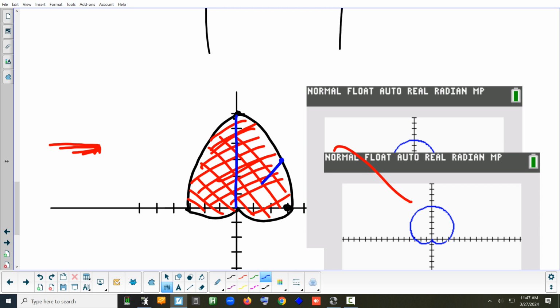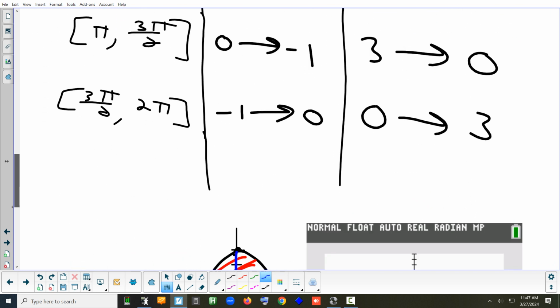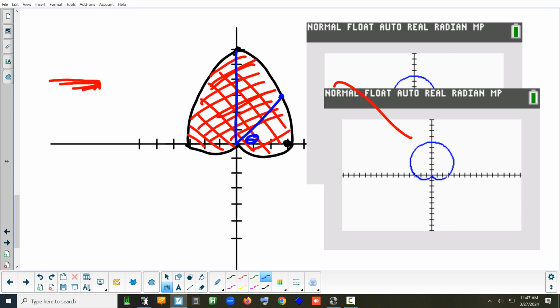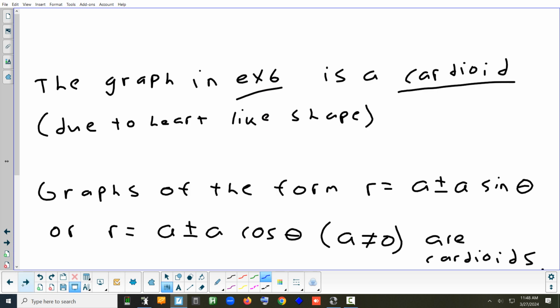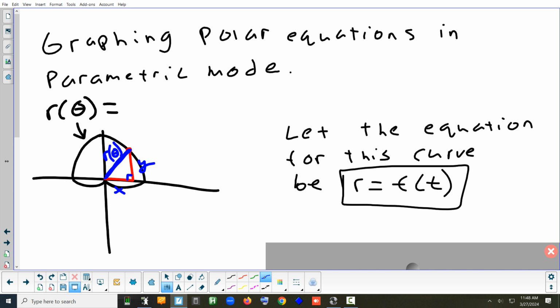That distance from here to here, if I know this angle, let's say that angle was 45 degrees, all I have to do is fill in 45 degrees for sine, multiply by 3 and add 3, and it will calculate the radius at that point. So the formula calculates the radius, and the radius is really the hypotenuse. So use the formula to find the hypotenuse.